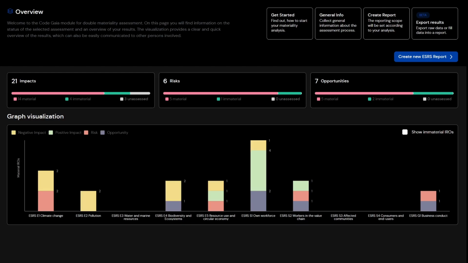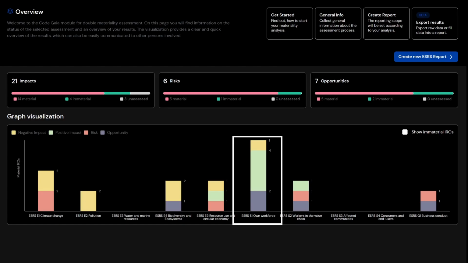What this can do, though, is inform you of the relative weight of information that might be reported in the sustainability statement. Taking the own workforce topic, while it's not a one-to-one correlation, it is likely that the bulk of the reported information is going to be concerned with these impacts.